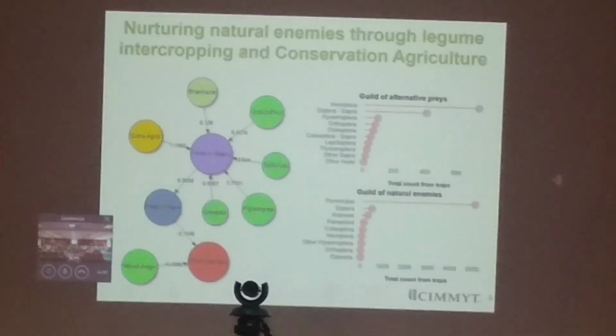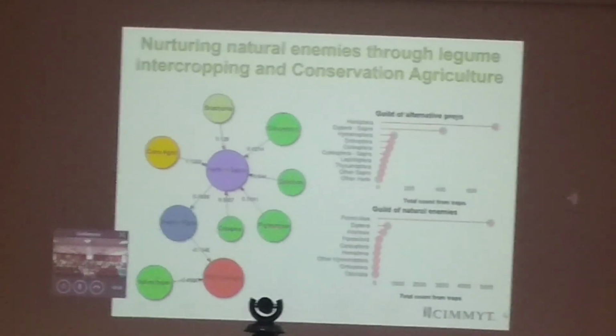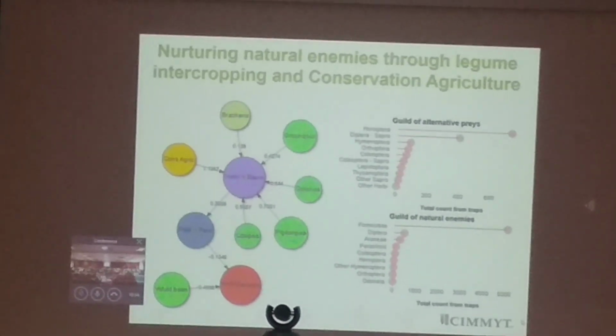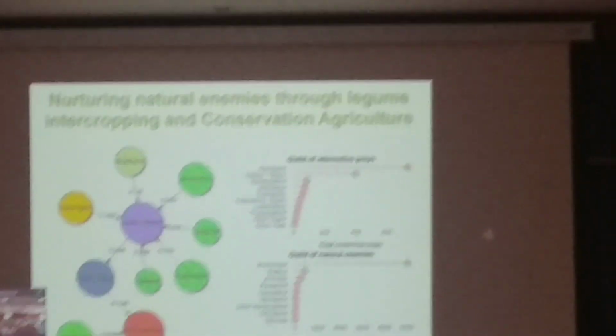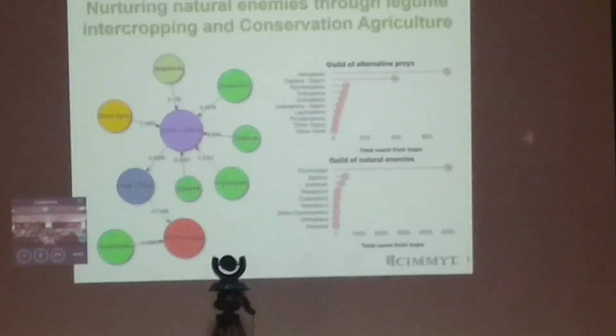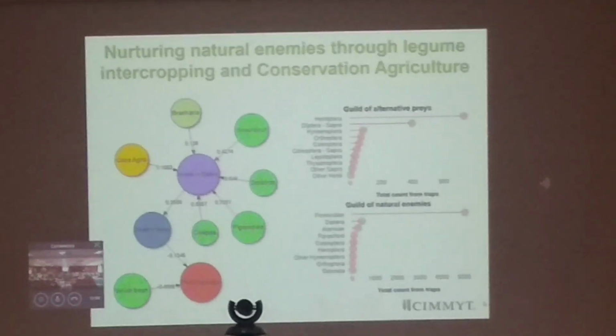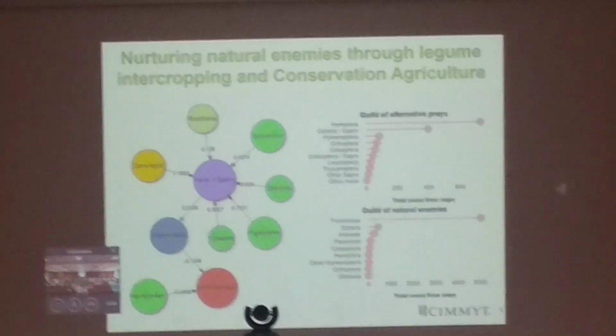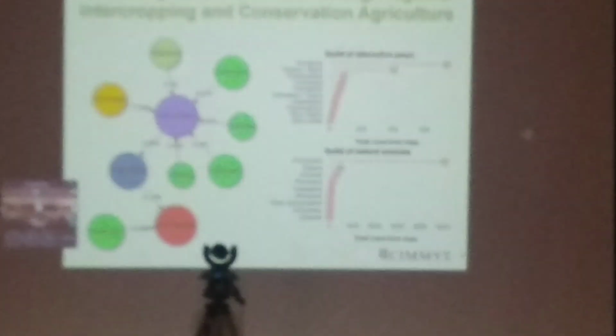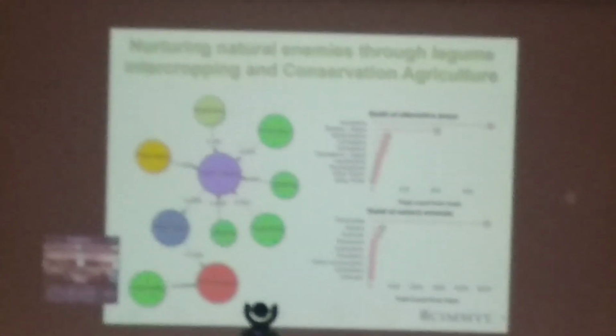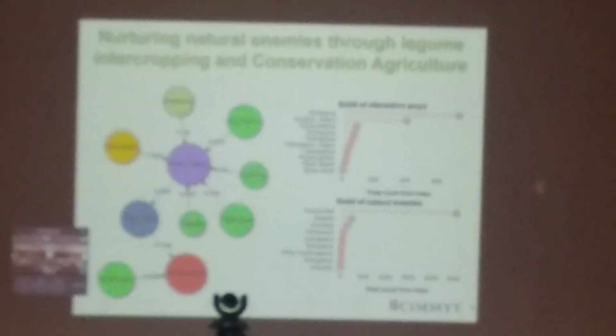The highest number was achieved with conservation agriculture, where we had about 1.13 effect on alternative prey, but all the others also were positive. Then we had a positive effect on the predators and parasitoids, which means we are safe to say that this alternative prey was a feed for the natural enemies, which then had a negative effect on fall armyworm damage.